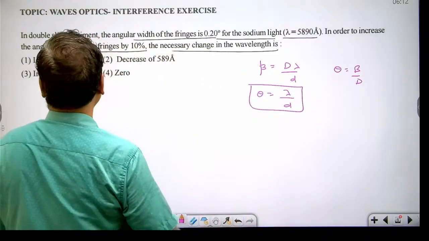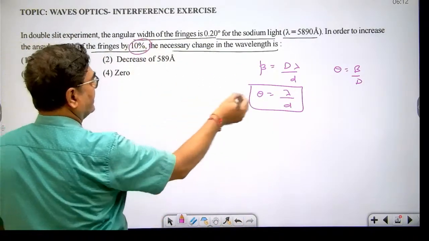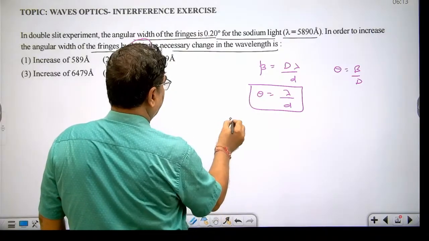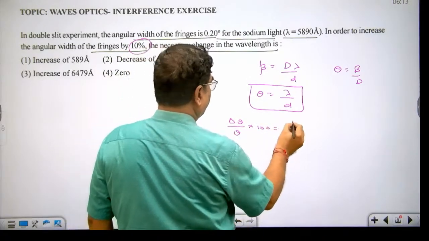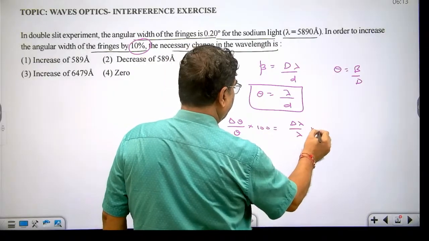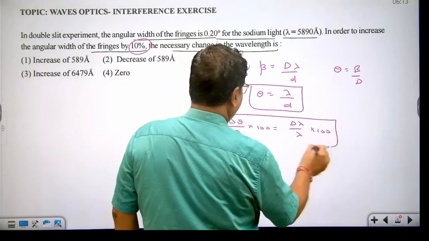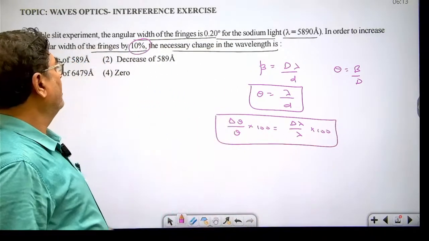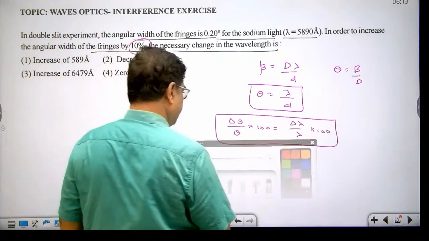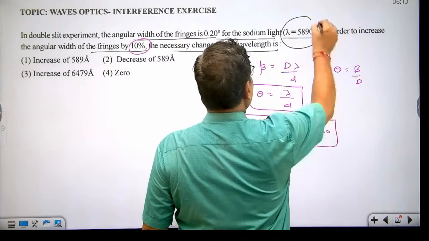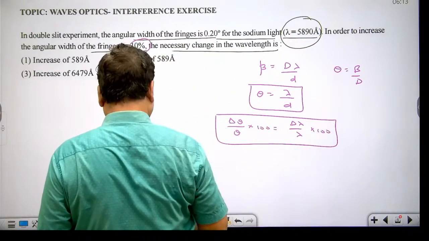Now, to increase the angular fringe width by 10%, theta is directly proportional to lambda. So delta theta upon theta into 100 equals delta lambda upon lambda into 100. Definitely lambda is to be increased by 10%. Okay, 5890 angstrom, its 10% value is how much? 589 angstrom.